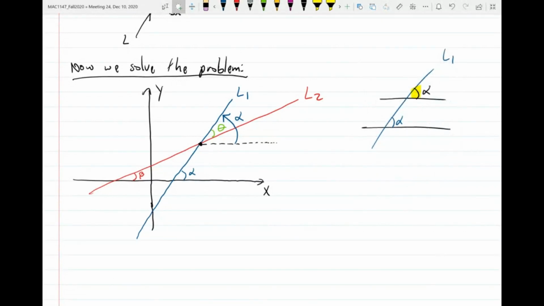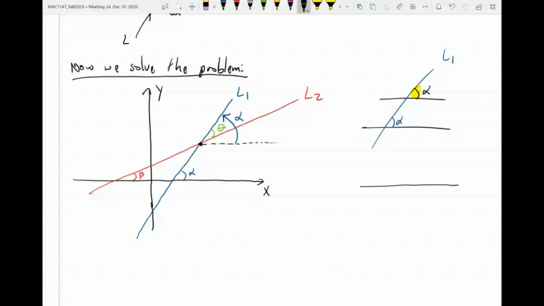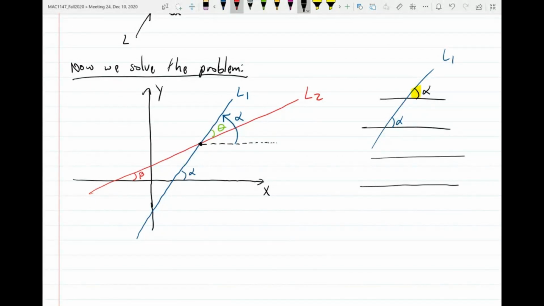And then in a similar way, let's do the same thing. Here we have our x-axis. Then here we have our dotted line. But now let's focus on the line L2. When we have the line L2, down here we have beta. How about this angle up here? Who can tell me what this angle is?